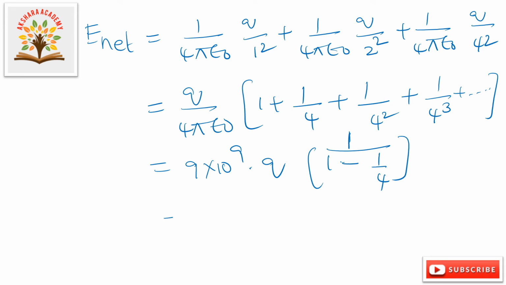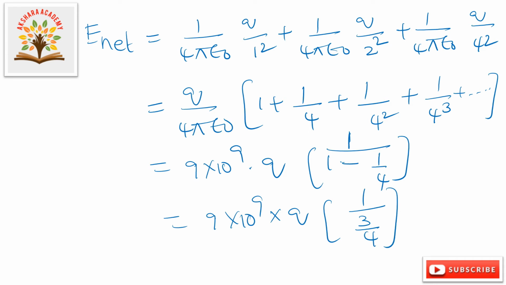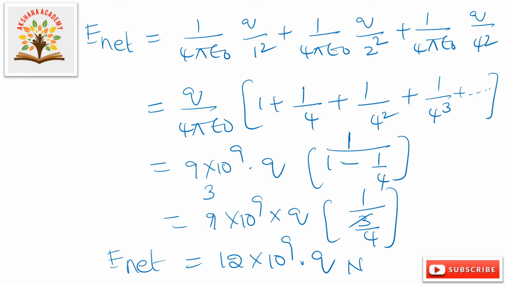So that is equal to 9 into 10 to the power of 9 into q, taking LCM 1 by 3 by 4. So 3 ones are 3, 3 fours are 12. So total net electric field is equal to 12 into 10 to the power of 9 into q Newton per Coulomb. Okay. Next we will go to the next question.